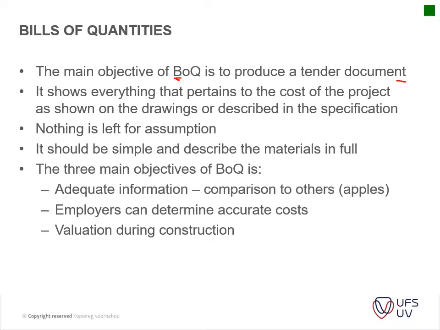So you will see as we go into it, it does have a bit of a logical flow. Obviously, some of the items are intertwined with each other as you go along. For instance, if you've got plumbing, you have plumbing a first fix and a second fix.